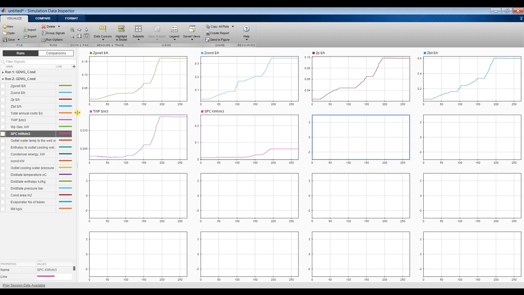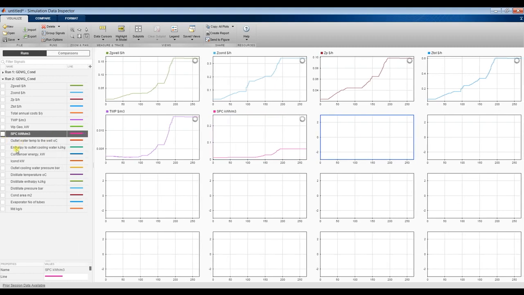Specific power consumption, and let's go in here. This is outlet water temperature into the well. This is outlet water temperature, and distillate temperature as well.